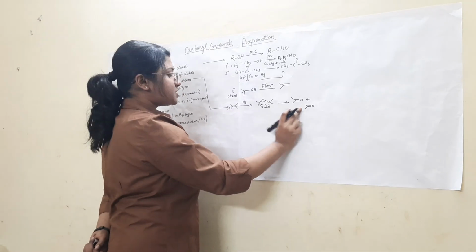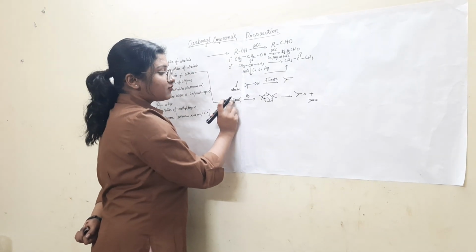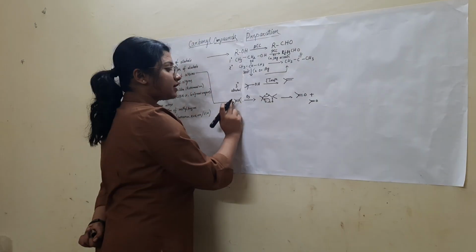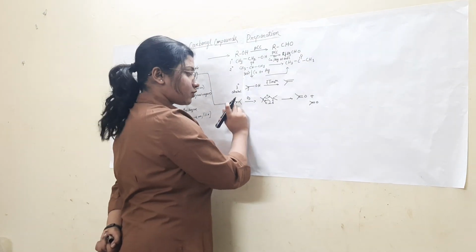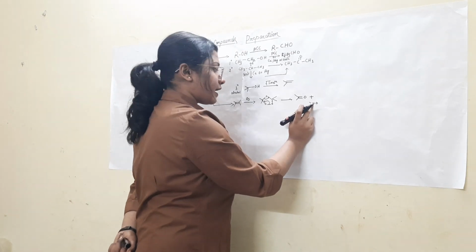Now it can be changed according to the substituents attached to the alkene. If there are hydrogens, it will form aldehyde. If there are R groups that have carbon, then this will be converted to ketones.